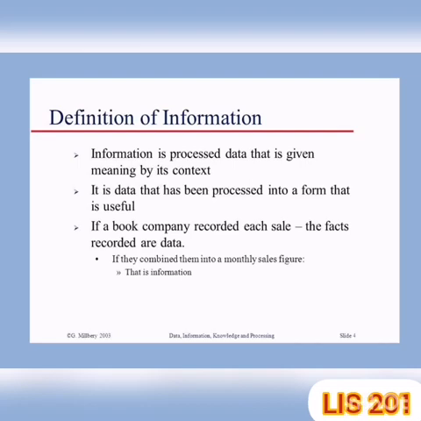Then you're able to find such information useful. That is what information is. Information is data that has been processed into a form that is useful. Now, you know that there are 36 states. So when you're asked, you know that yes, it's useful information to know the number of states in your country.